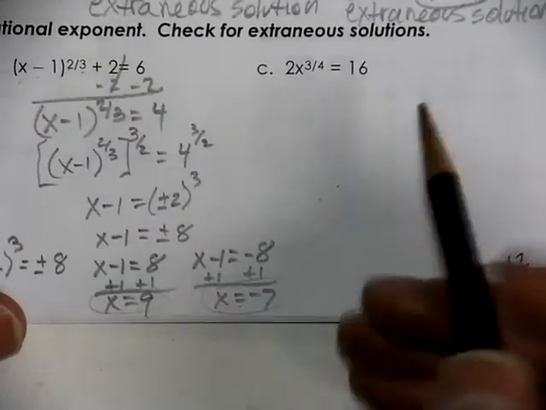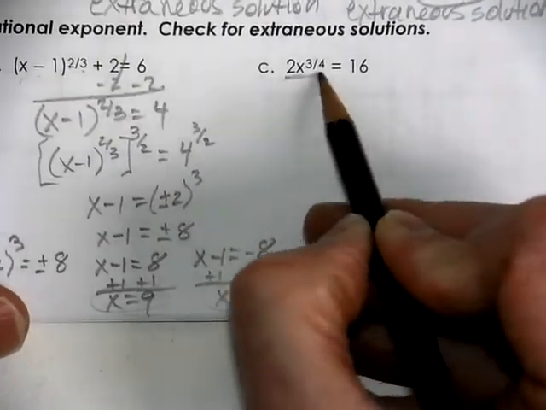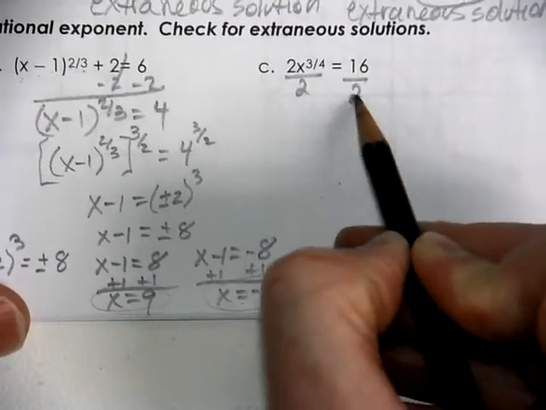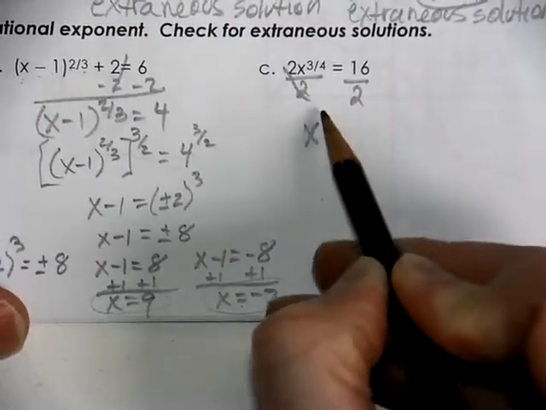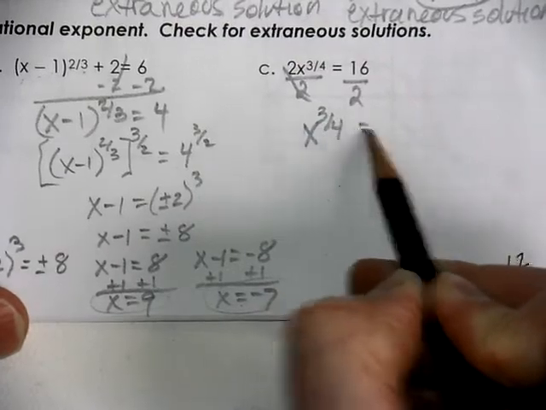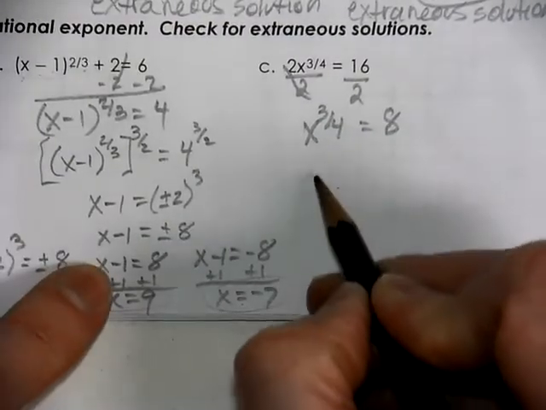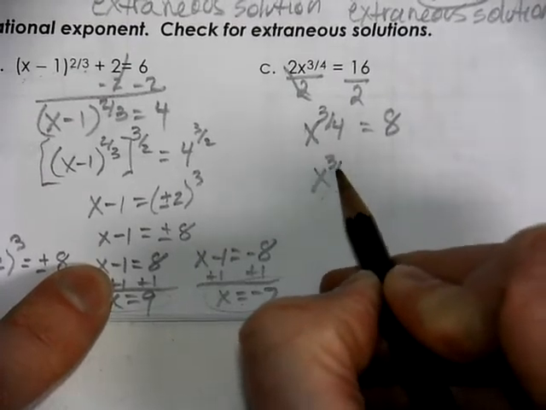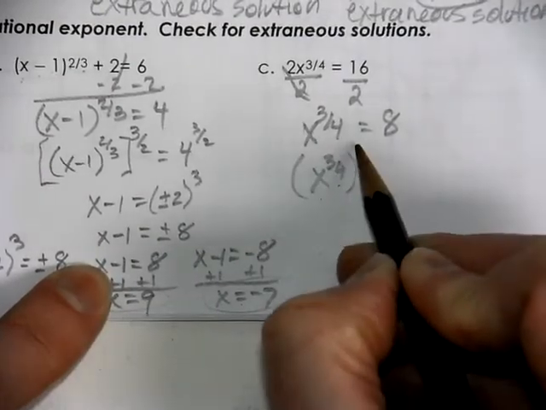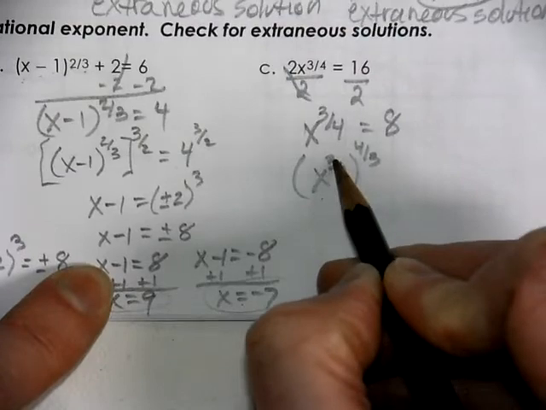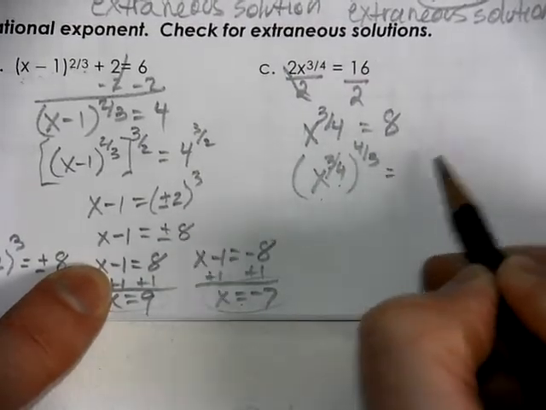So letter C, we want to isolate the x value, so we have to divide first. So that's x to the 3/4 power equals 8. So we're going to raise it to the 4/3 power.